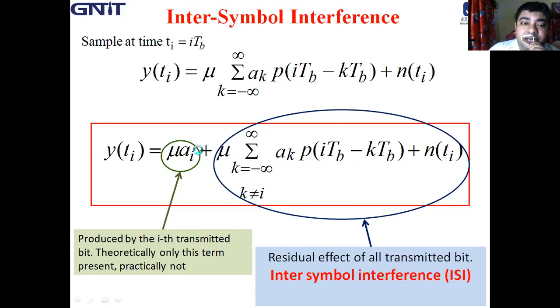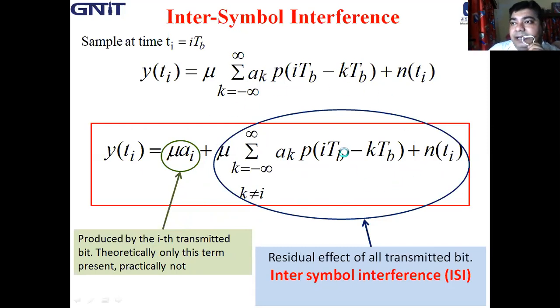So it actually has two terms. The first term, mu a_i, is produced by the ith transmitted bit, and theoretically only this term should be present. However, practically it does not happen.